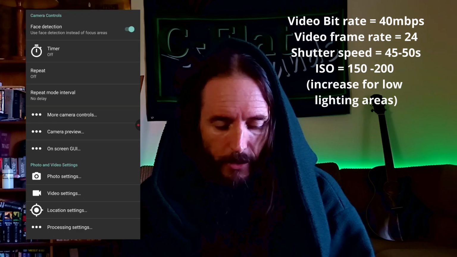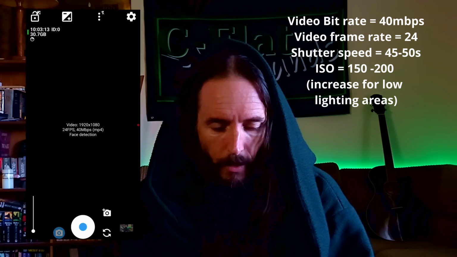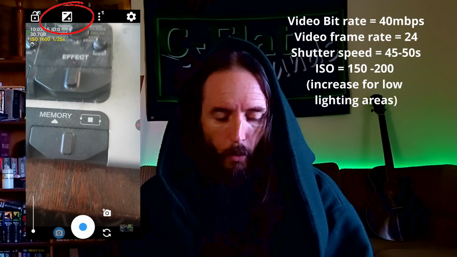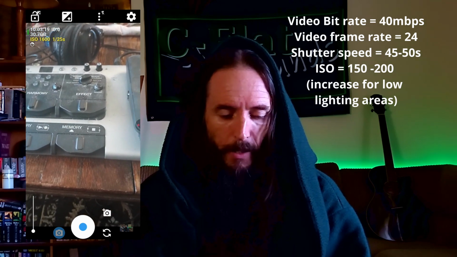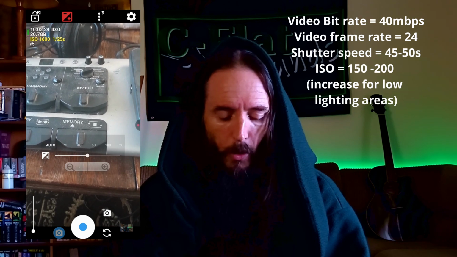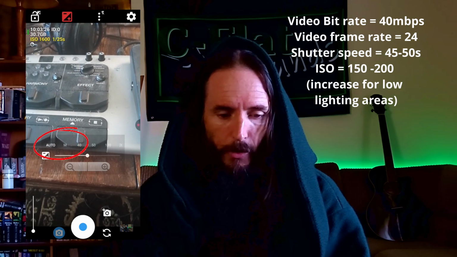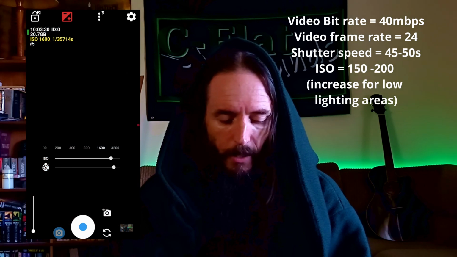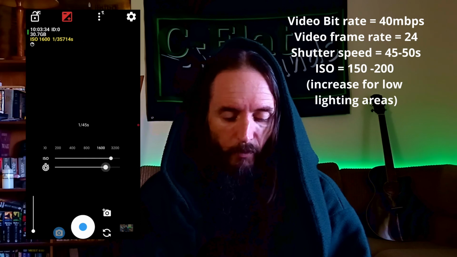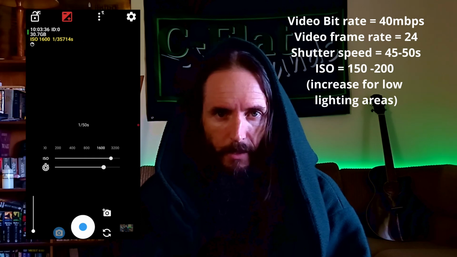They said to change the exposure, but I found a problem when using the exposure on this phone, and that being when I went into the exposure settings and changed it from auto to manual, because you should be using an ISO of about 200 and a shutter rate of about 40 to 50 seconds.